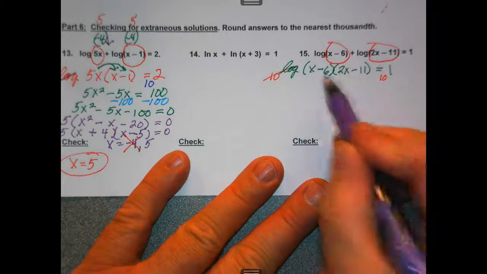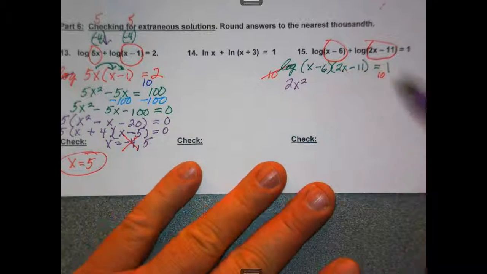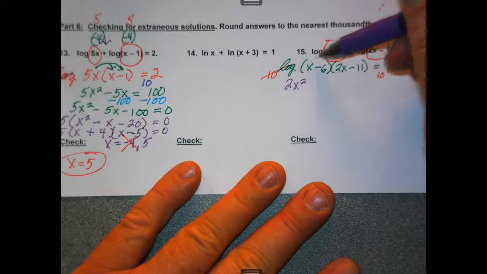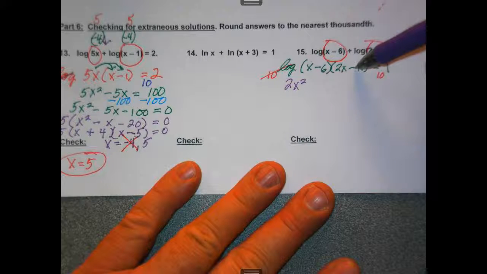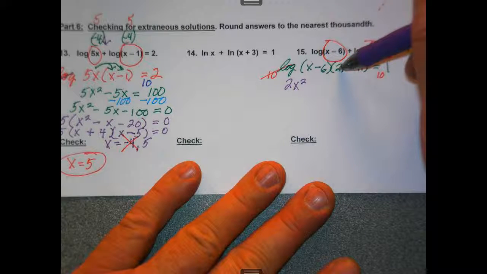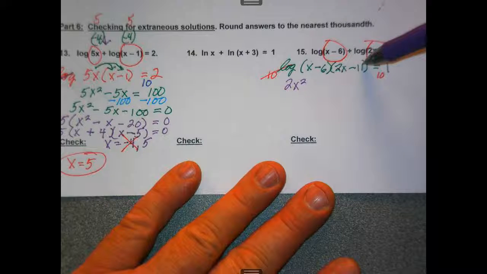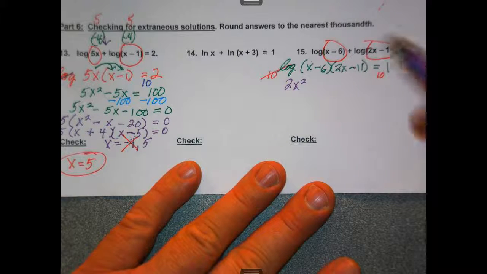All right, x times 2x is 2x squared. X times -11 is -11x. -6 times 2x is -12x. -12x for my inner, -11x for the outer. Add those together, I get -23x.